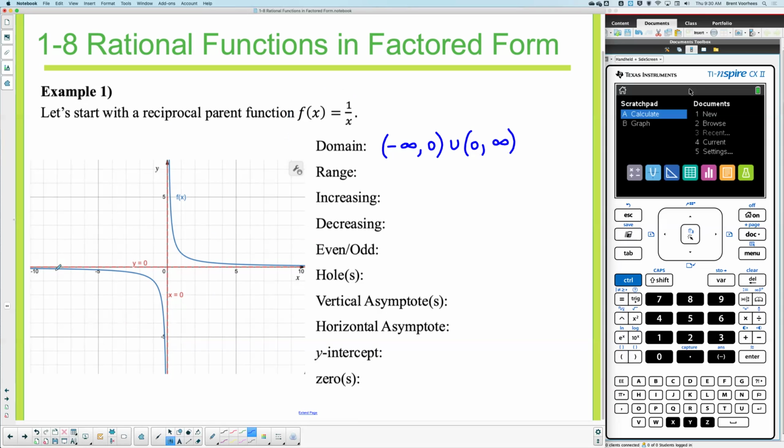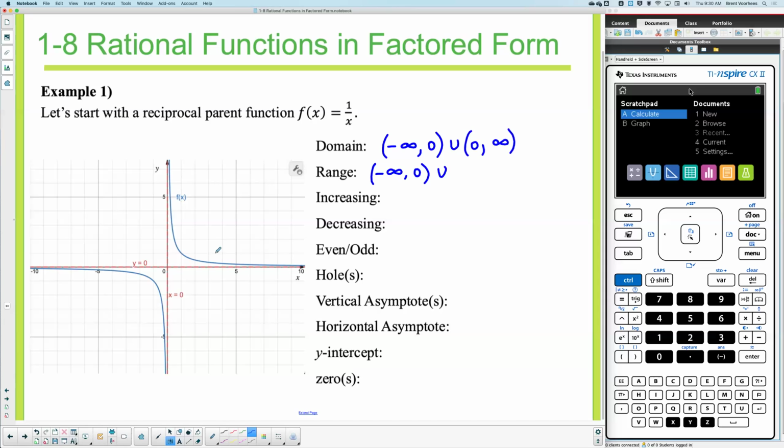Let's talk about the range. Range means y values, how low to how high. How low does this first piece of graph go? Forever down. So what symbol means forever down? A negative infinity. Okay, that first piece, how high does it travel? To 0. Does it get to 0? No, it only approaches it. So parentheses.